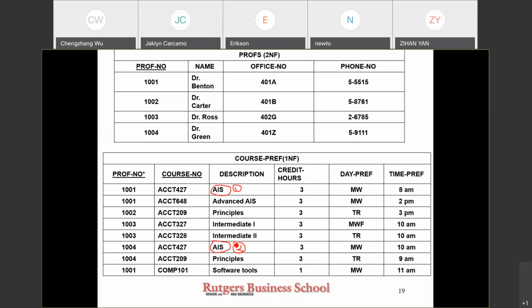Let's assume that a particular course is taught by only one professor. If that professor leaves the university and his record is deleted from the database, in this case, we also lose the information about that course taught by this leaving professor.